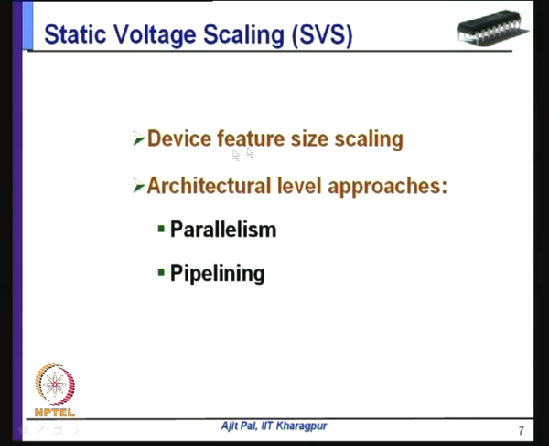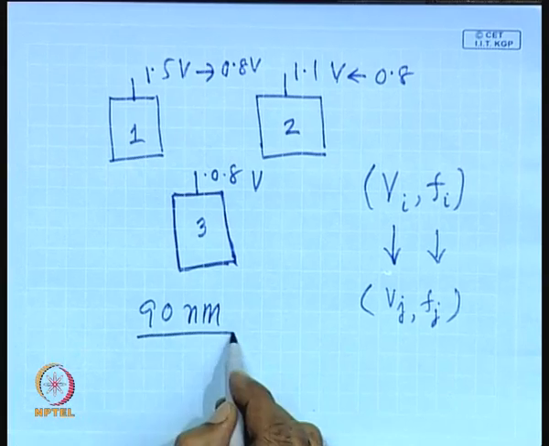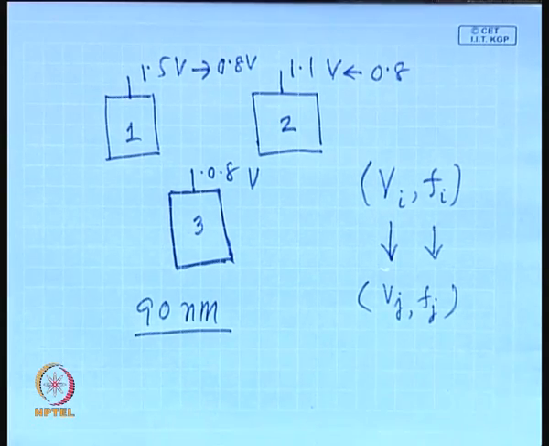So, as you go from one technology generation to next technology generation, as the device size is reduced, the supply voltage is also reduced, which leads to reduced dynamic power dissipation. Of course, as you reduce the feature size below 90 nanometer, then of course, you will see that the leakage power increases.